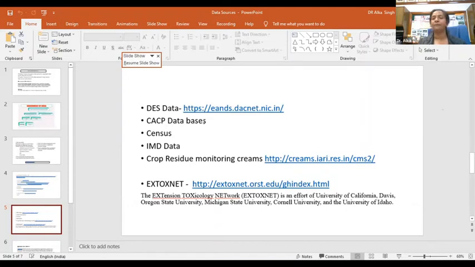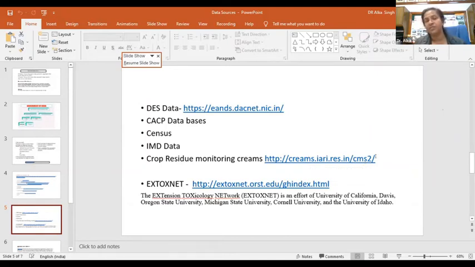Similarly, nowadays, every now and then you might be reading about crop residue burning. This is an interesting data, which I also suggested to one of my master's students, maybe Ragini or so. This is basically data collected through the remote sensing unit of IARI, and this is the website name.